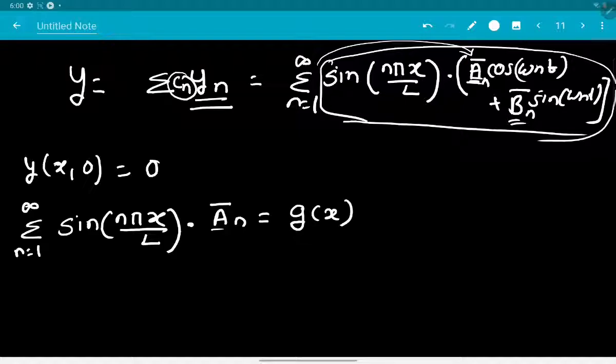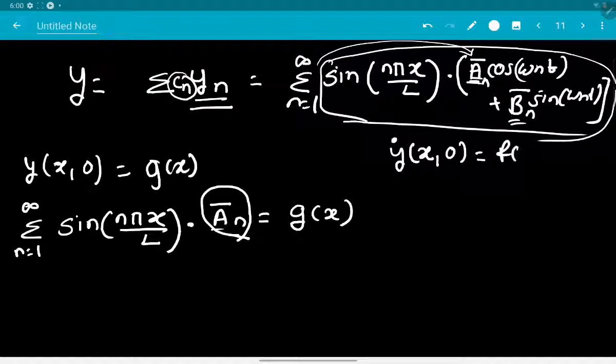So you have boiled down your problem to finding out these infinite number of an's, and we are yet to find out the infinite number of bn's, which we will find by exploiting the velocity initial condition, which is y dot at x and time t equal to 0 is equal to f of x.